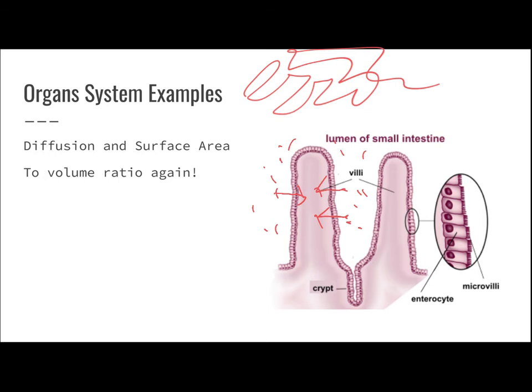And so all of that squiggliness gives them a lot of surface area to absorb and diffuse across. It's even more so because if you zoom in, if this is the lining of your intestine, and you zoom in even more on that lining, you'll find that there's all these little projections. There's even more surface area in there for absorption.